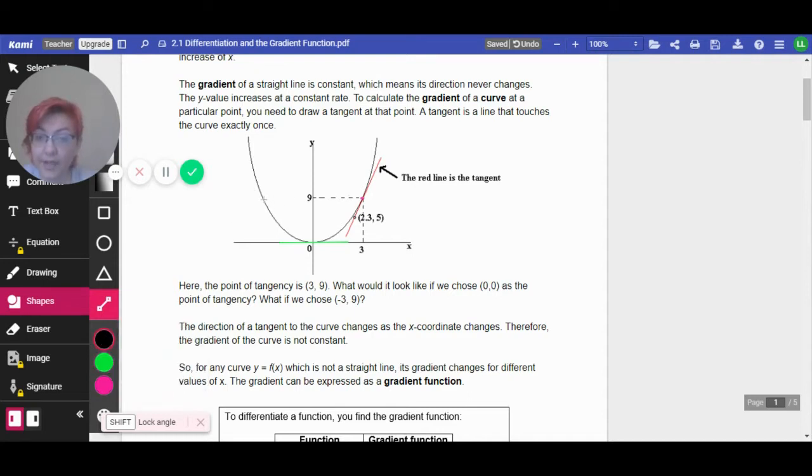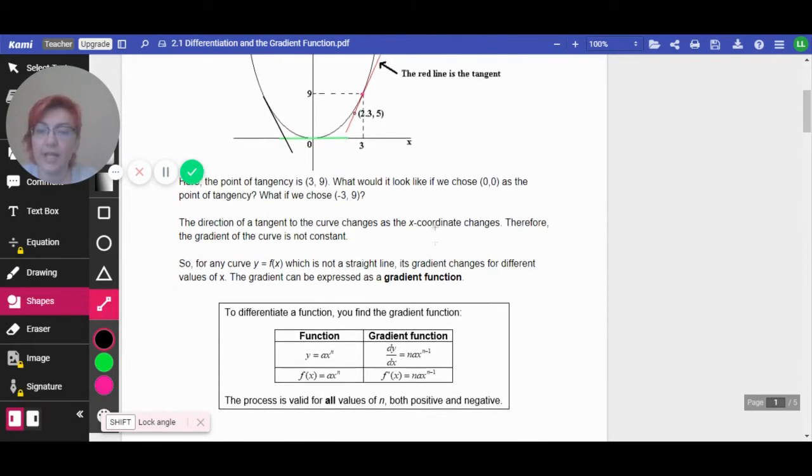It's going to be right about there. So the direction of a tangent to the curve changes as the x-coordinate changes. And we can see from there what we already kind of knew, which is that the gradient of a curve is not constant. So how do we deal with that?